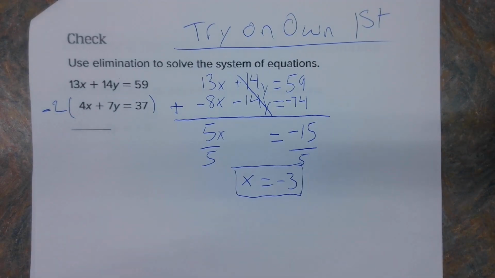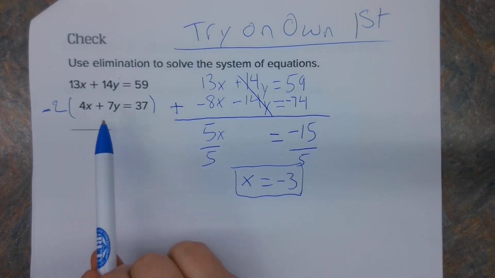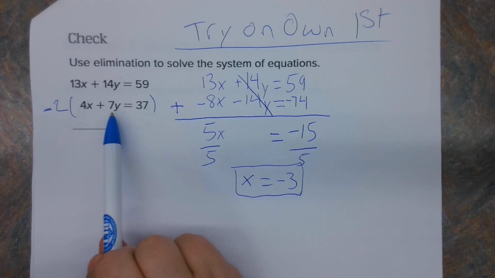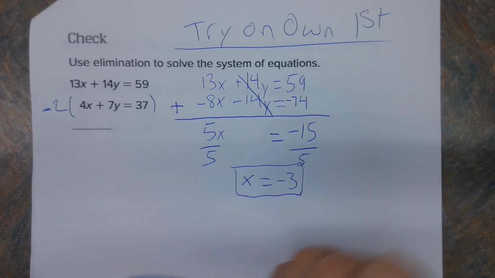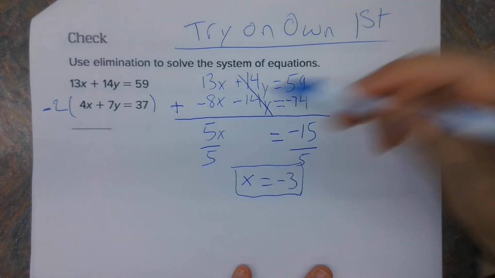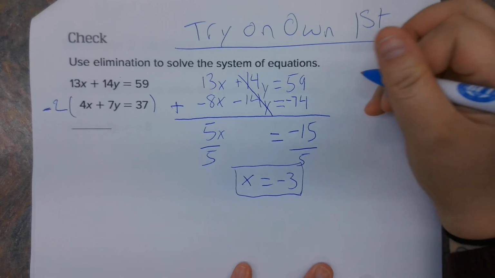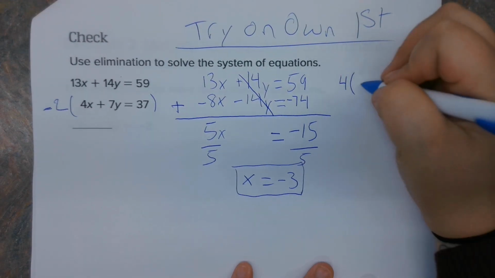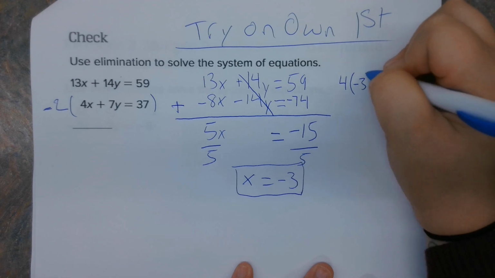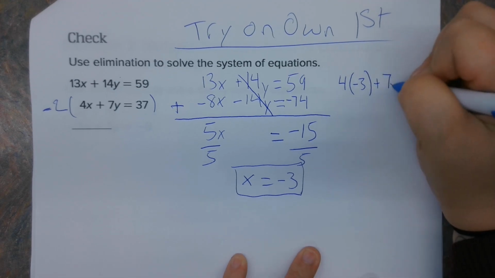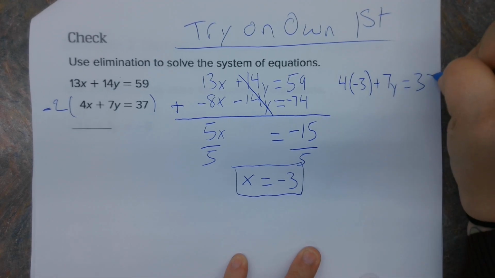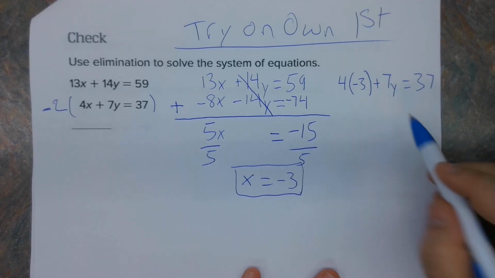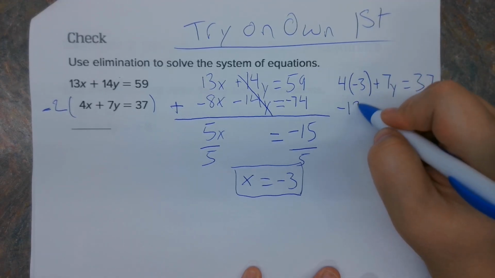So there's my x. In this case, the bottom equation looks easier to me because it's got more single-digit numbers, but it's up to you which one you want to use. I'm going to use the second equation this time. So I have 4 times my negative 3, because there's my x, plus 7y equals 37. 4 times negative 3 is negative 12.